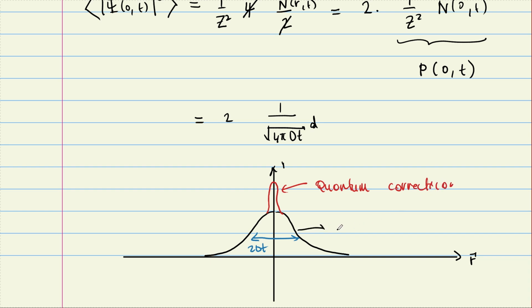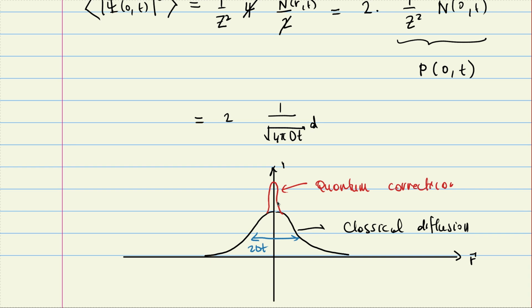So this piece is classical diffusion. And if we have an enhanced probability to be at the origin, that means a reduced probability to be transported.